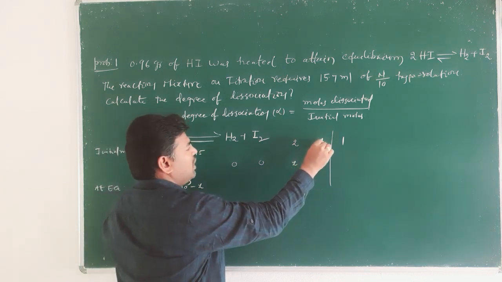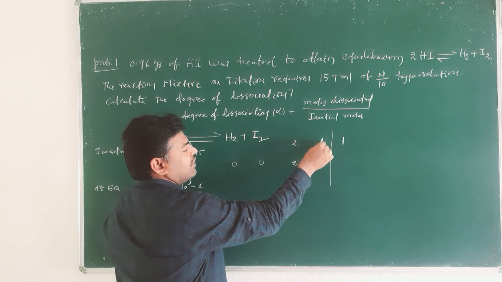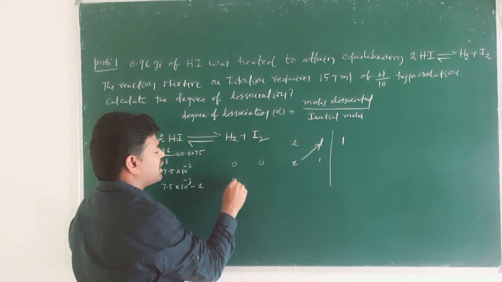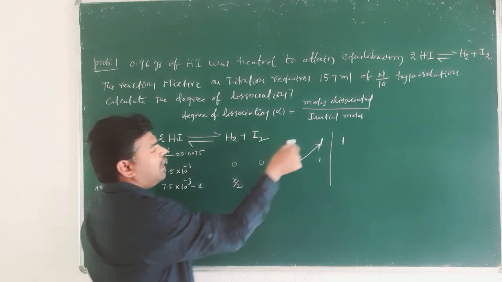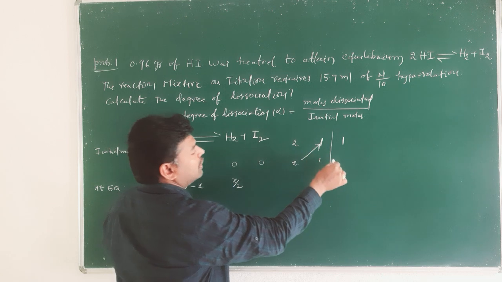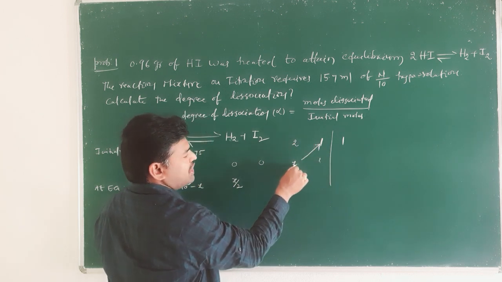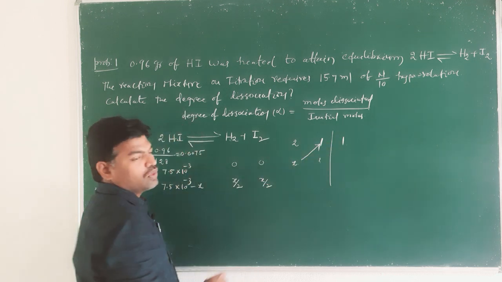Then for 1 mole of H2, x by 2 moles of H2 is formed, and similarly x by 2 moles of I2 is formed.